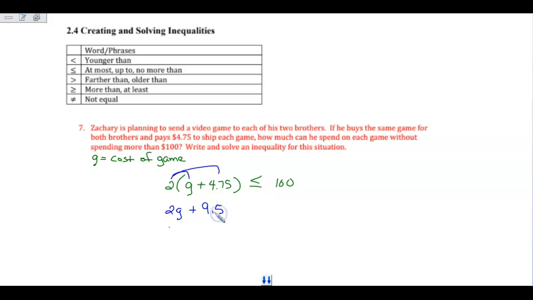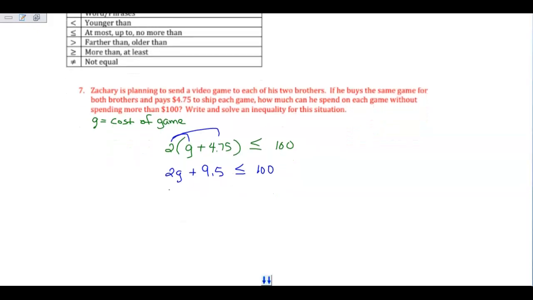And because I really don't need that 0, I'm not going to place that on there. You can if you want, it's just not necessary. Now I have a 2-step inequality, and I'm ready to start solving. So since this is addition, I'm going to reverse by subtracting 9.5 from each side.